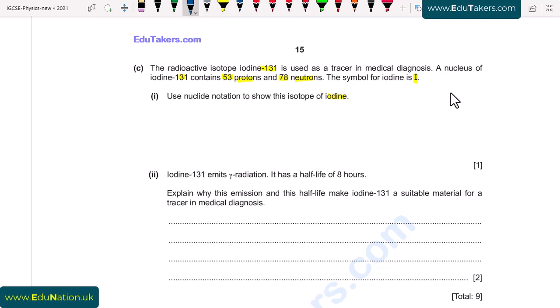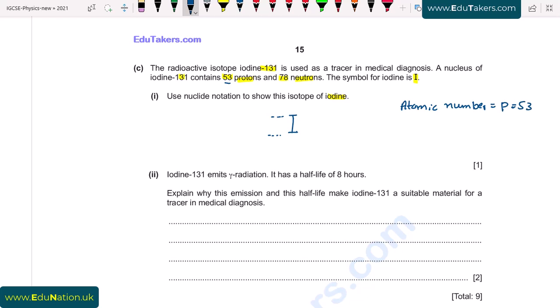So the symbol of iodine is I, and we have to write its atomic number and mass number. It's given that iodine consists of 53 protons. It means that 53 is the atomic number, because atomic number is the number of protons present inside the nucleus. That's why the atomic number, which is equal to the number of protons, is equal to 53.